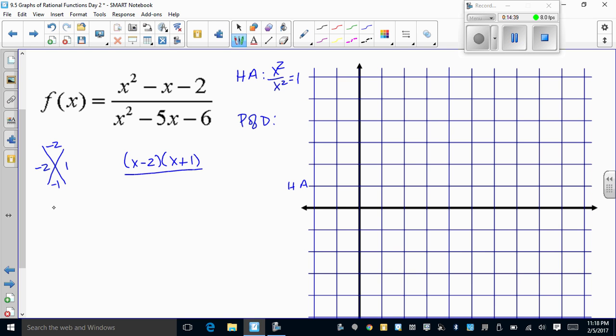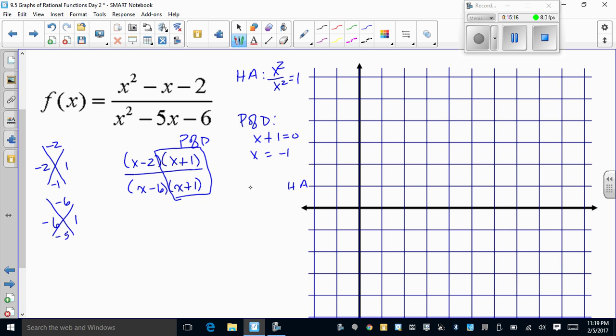And the bottom, negative 6 and 1. 1 times 6, 6. 6 minus 1, 5. So x minus 6, x plus 1. And there it is, our point of discontinuity. X plus 1 equals 0, so it's at x equals negative 1.